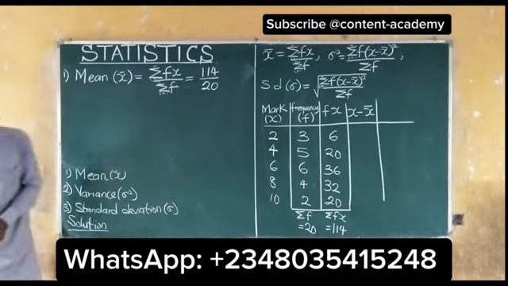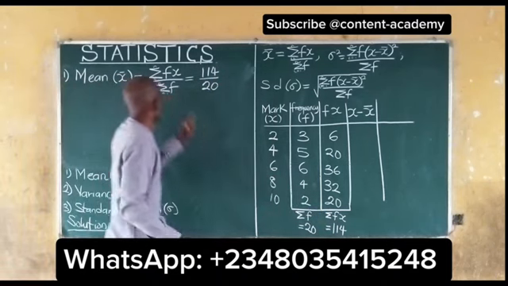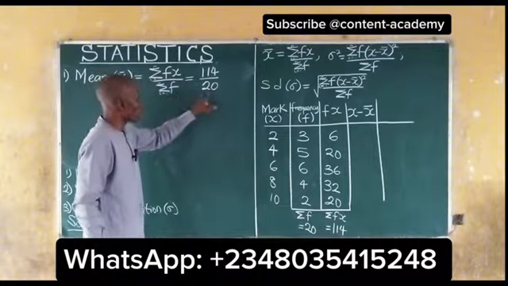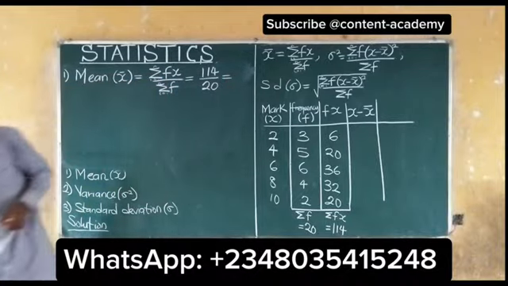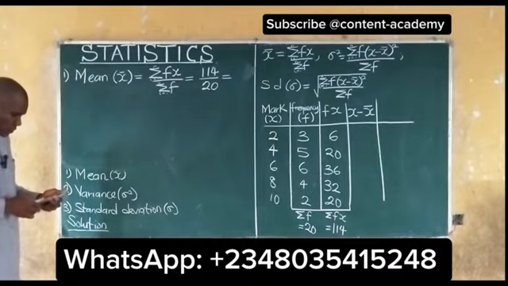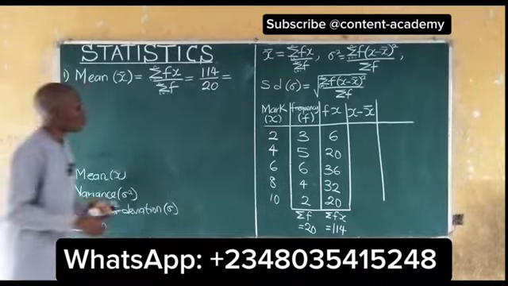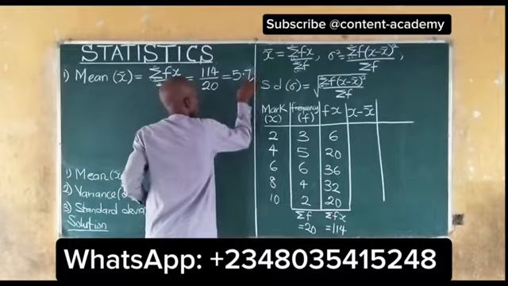The 114 is the summation of f of x, and the 20 is the summation of f. So 114 divided by 20, what will it give us? We got 5.7.